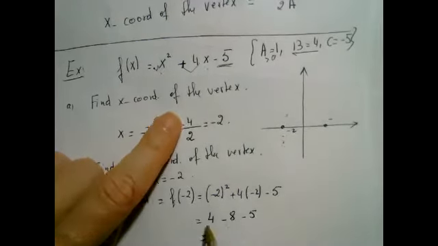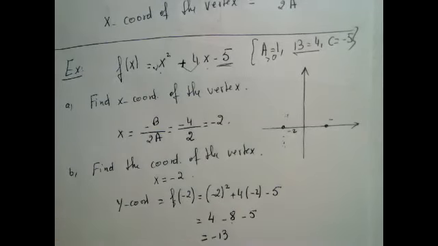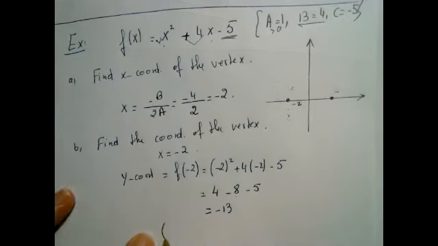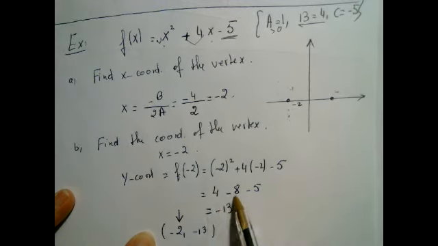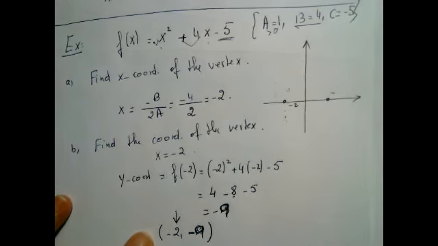Now, 4 minus 8 minus 5, minus 13. So the coordinates are minus 2, minus 13. No, I made a stupid mistake, didn't I? 4 minus 8, that's going to give me minus 4, minus 5, minus 9, my apology. Minus 9. What does it mean in terms of the graph?